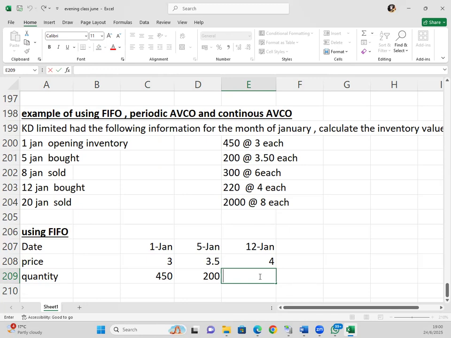Then for 12 January, we bought 220. So I just took the purchases: the date, the price per unit, and the quantity, and arranged them horizontally.